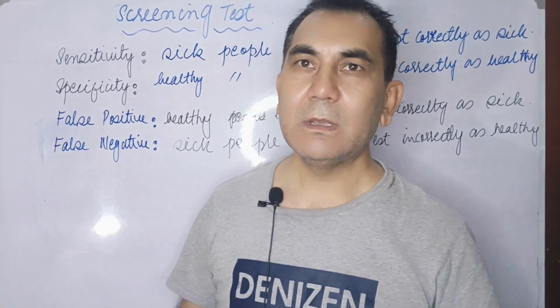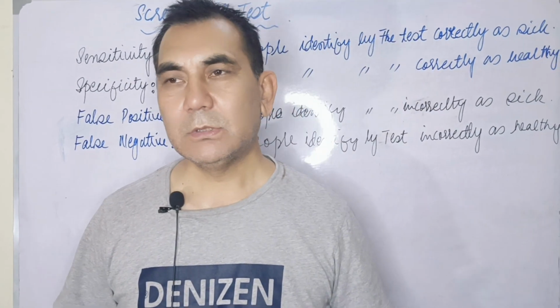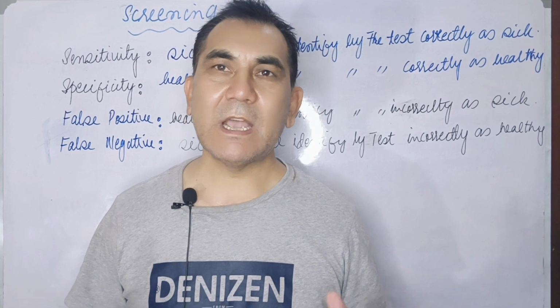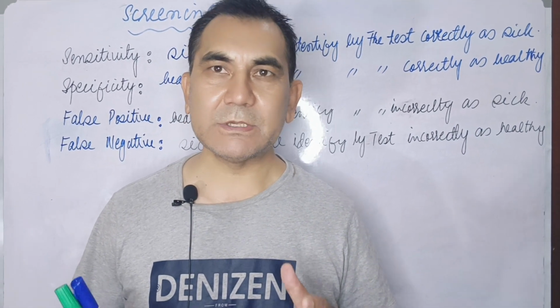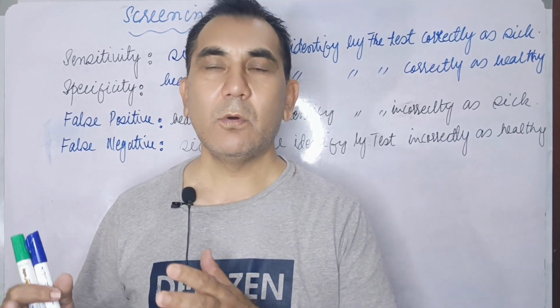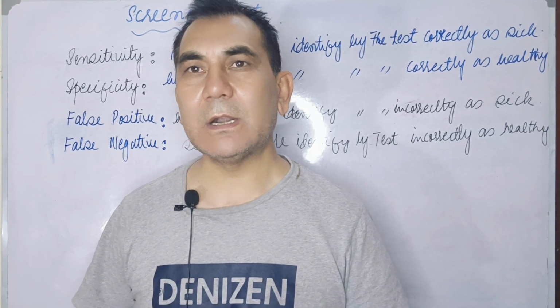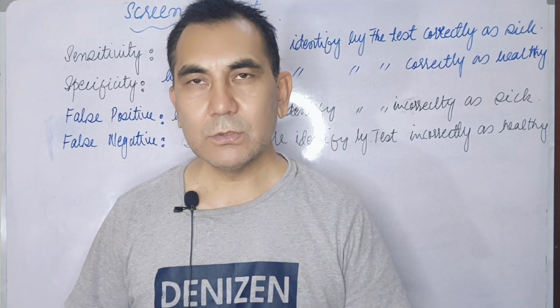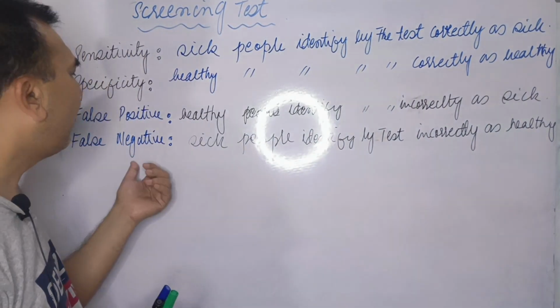The same happened in COVID-19: the signs and symptoms of COVID-19 were present in many people, but when they had the PCR test done, the PCR test result came out negative. So it is called a false negative.